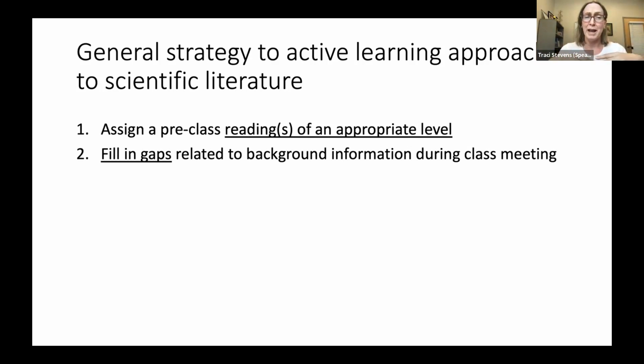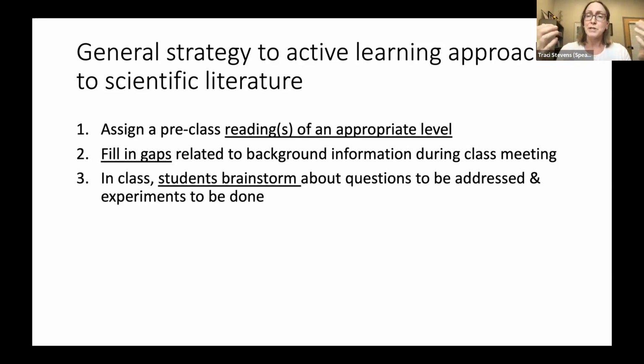And since I'm a molecular biologist, these usually relate to molecular details that might be more difficult for students to understand. So that's what we start with, kind of me presenting, which is not very active. But then the next step is where students really become active. This is where students brainstorm. So I usually set up the background in a way that gives students an idea of where we're going with this information.